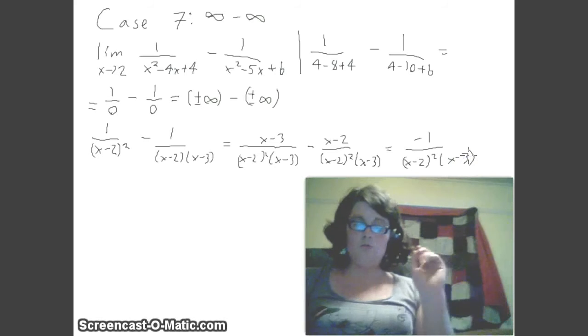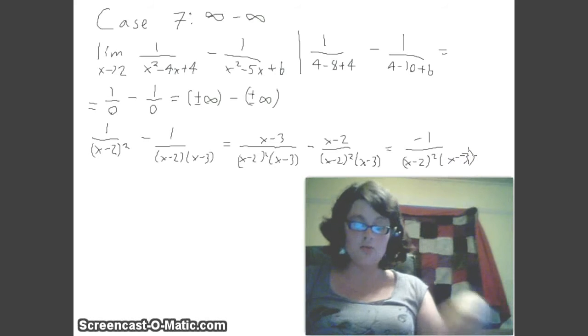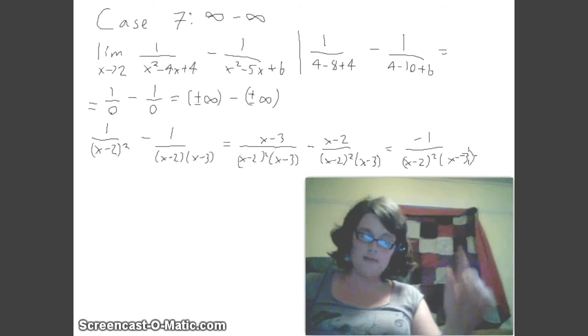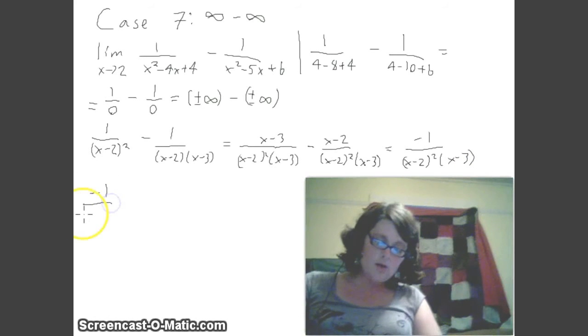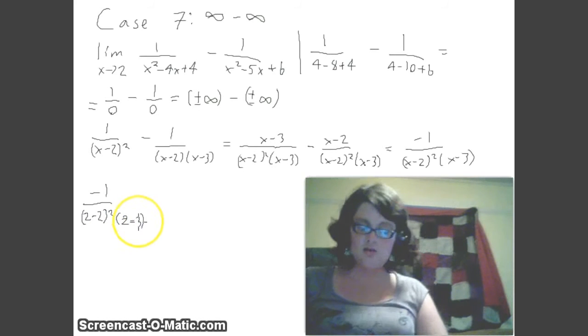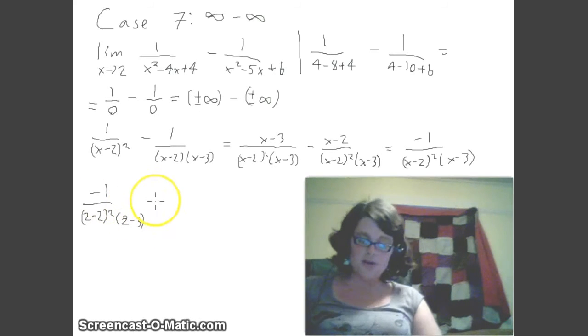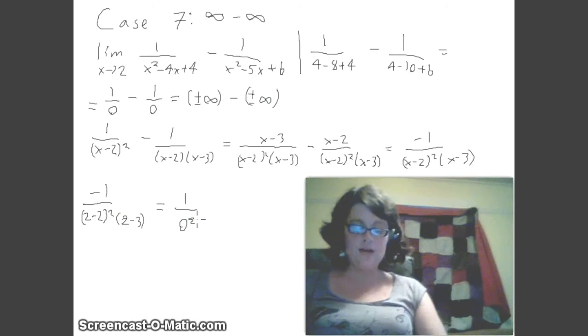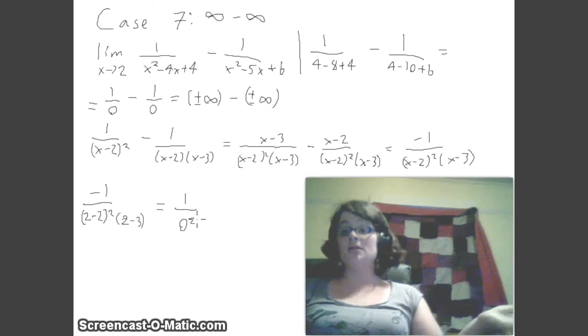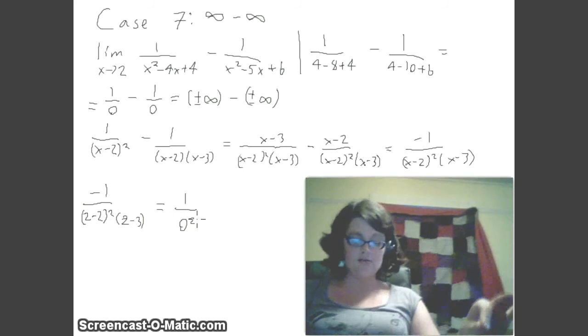Now, x minus 3 over x minus 2 is negative 1, and the denominator here is still the same. And now that we've gotten them both into one term, we can try plugging in 2 again. So we'll have negative 1 over 2 minus 2 squared times 2 minus 3. 2 minus 3 gives you negative 1. These two negative 1s will cancel, so we'll get 1 over 2 minus 2, which is 0, squared. Now, 1 over 0 can be either positive infinity or negative infinity, according to case 4.